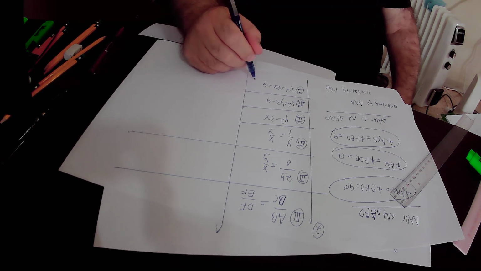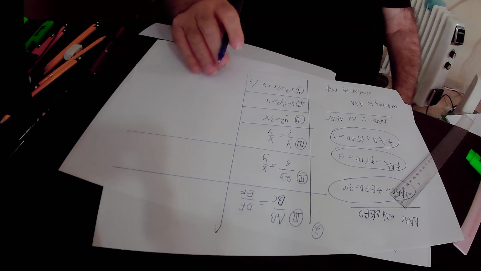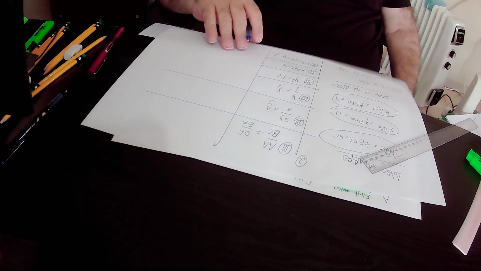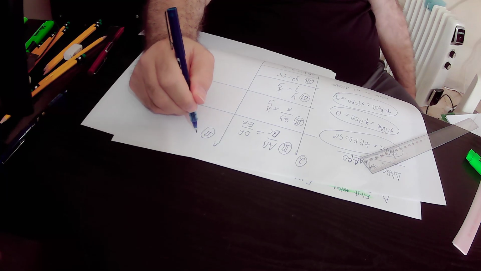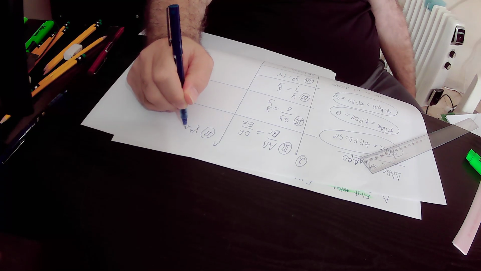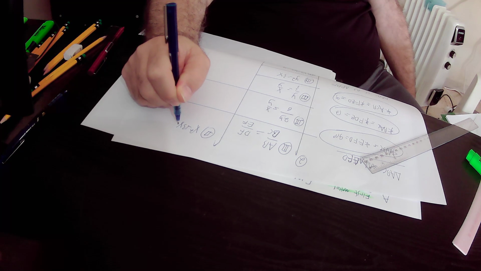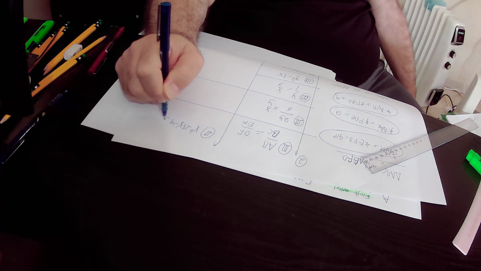Here we subtract 4 and we get the quadratic equation x squared plus 3x minus 4 equals 0.